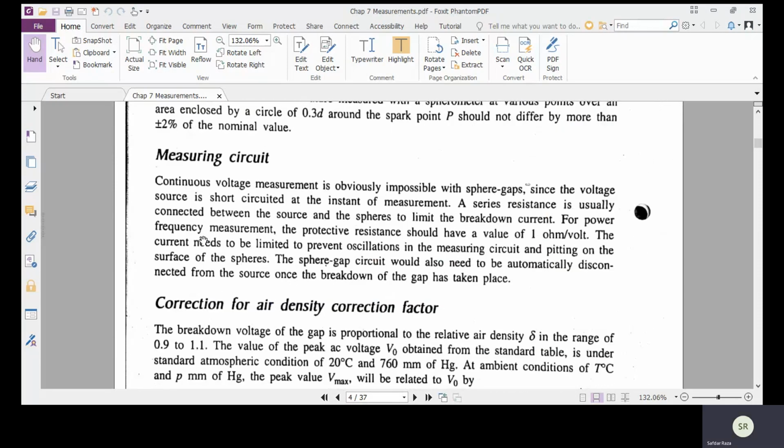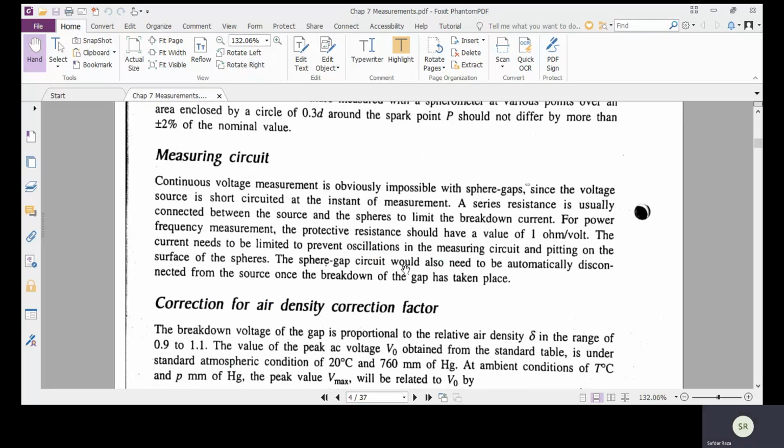For power frequency measurement, the protective resistance should have a value of 1 ohm per volt. The current needs to be limited to prevent oscillations in the measuring circuit and pitting on the surface of the sphere.